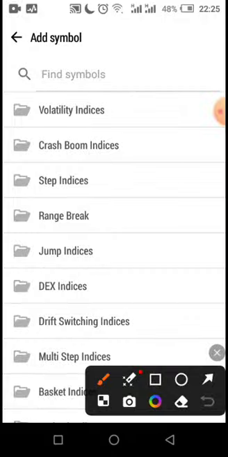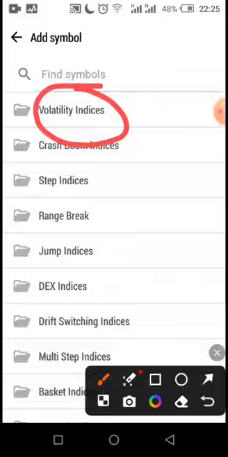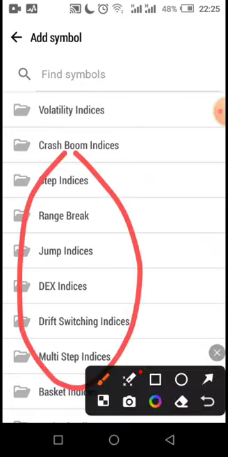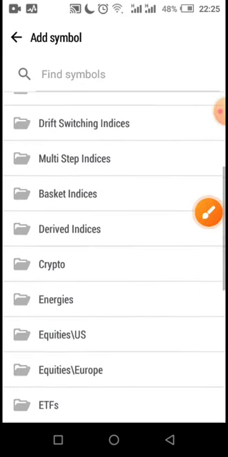Examples of the synthetic indices are the volatility indices, step indices, boom and crash. All these you see here, and some of them are newer markets which they released not too long ago.